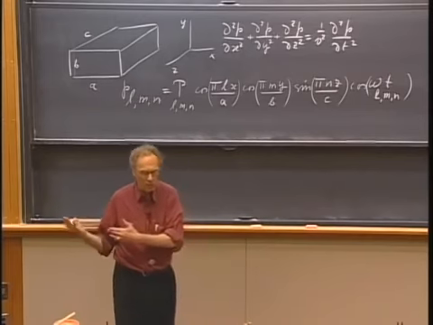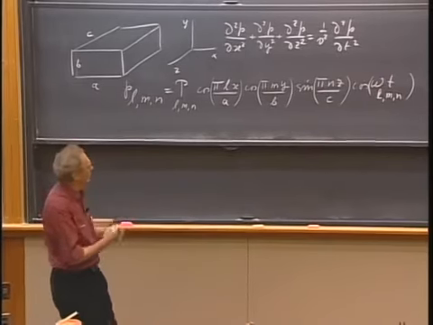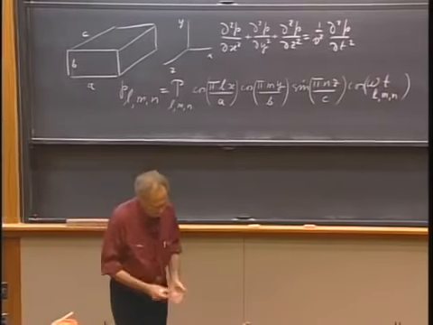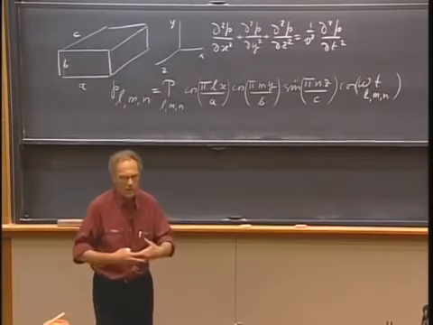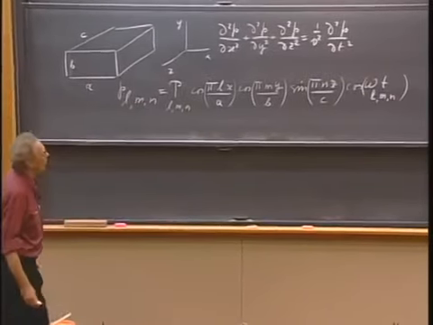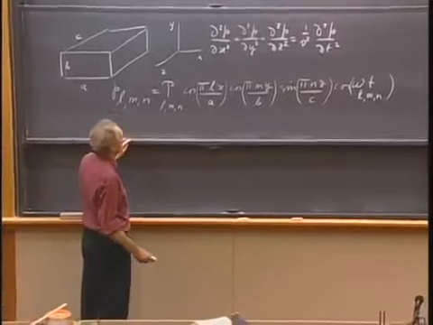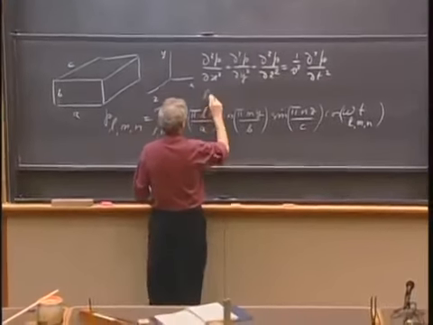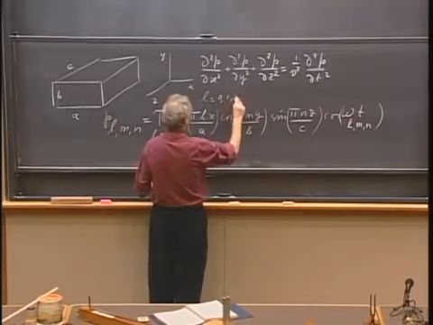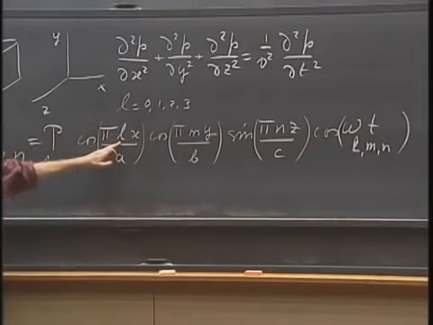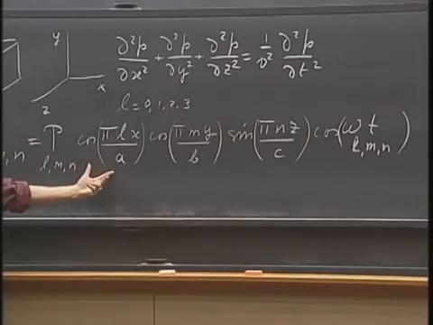If you have followed what we did in 1D and what we did in 2D, this is the obvious solution. And so the system can oscillate in a combination of all these normal modes. But what is interesting now is that L can be 0, 1, 2, 3, because there's nothing wrong with making L 0. The cosine remains 1 then.